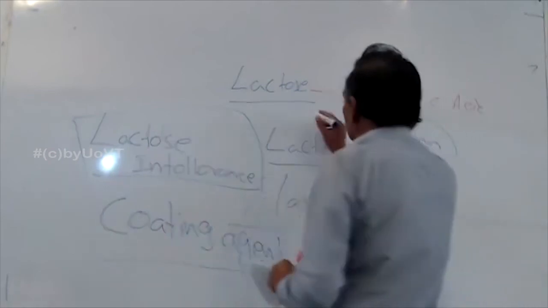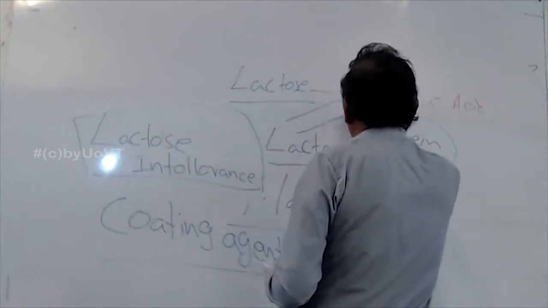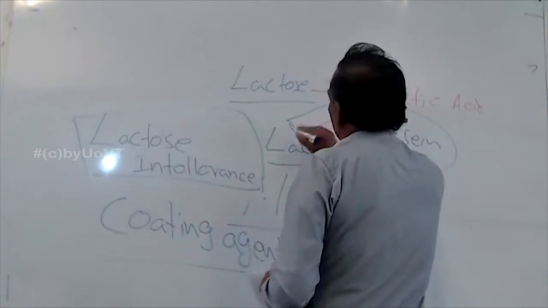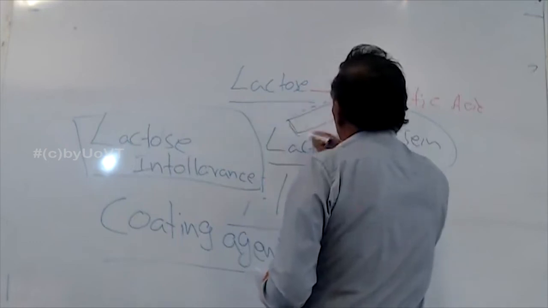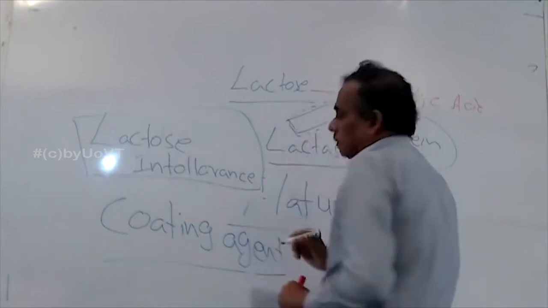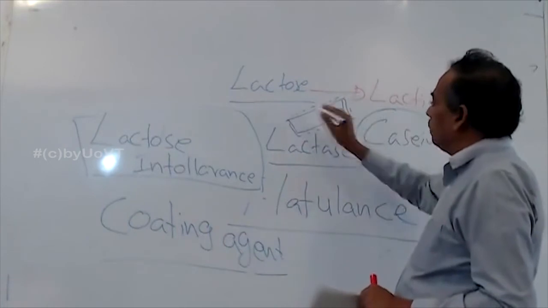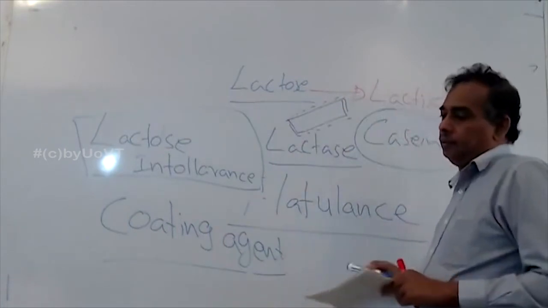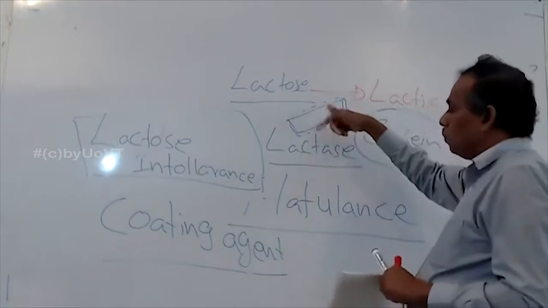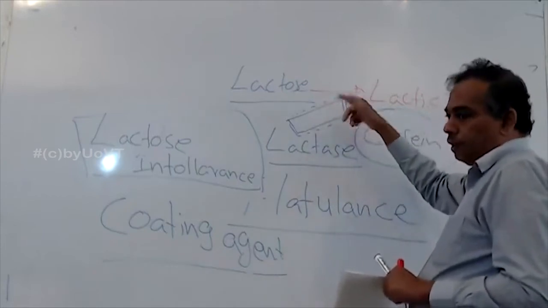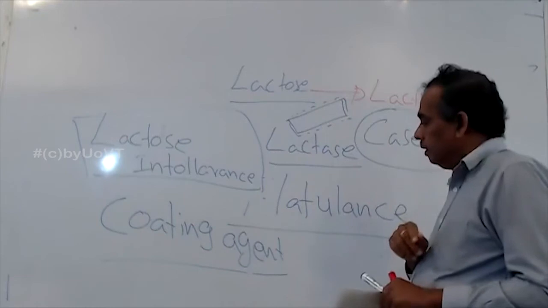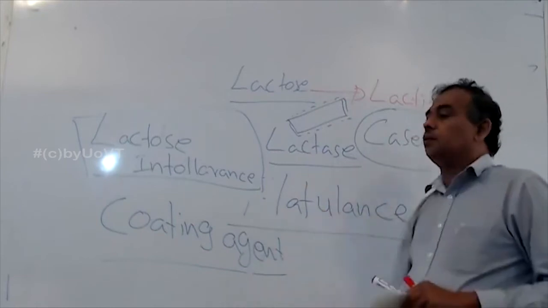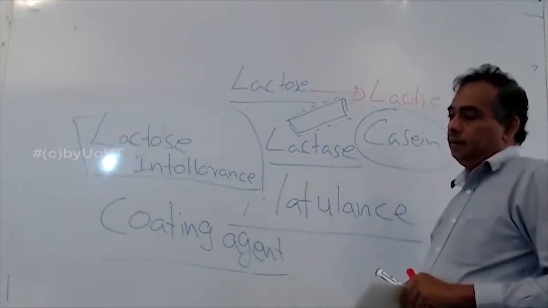Coating means you can apply it on the outer side of the food material. The outside cover, the outer coat, is a coating agent. So you can use lactose as a coating agent.